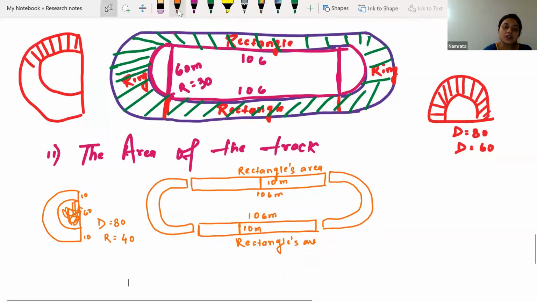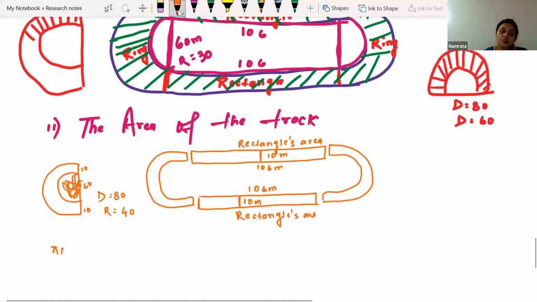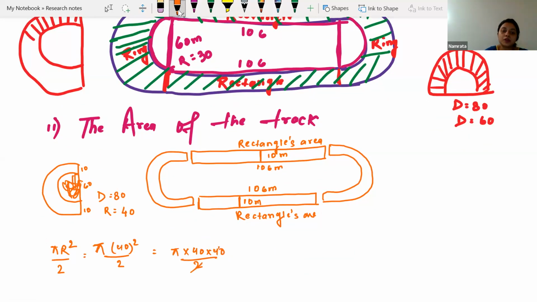So total circle area will be pi r square, but that is not a circle, that is a semicircle. So the total semicircle area will be pi r square over 2. That means pi times 40 square over 2, pi times 40 times 40 into 2 by 2. So this will get 800 pi.